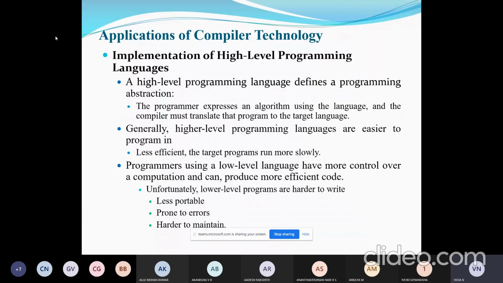But we know low-level programs, when we take them up to write, are less portable, can be prone to different errors, and obviously are harder to maintain, in the sense of modifying or updating the program as and when new features are added. That is called maintenance of programs, right?